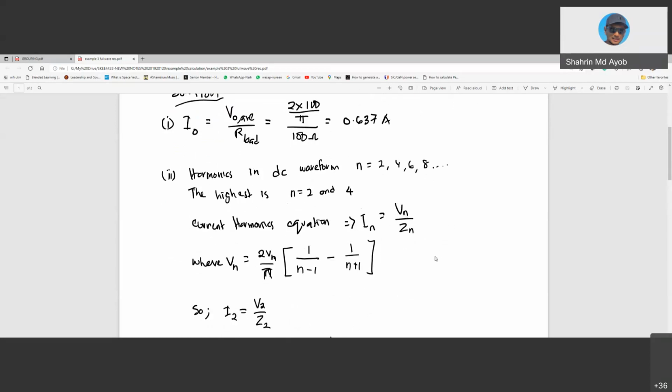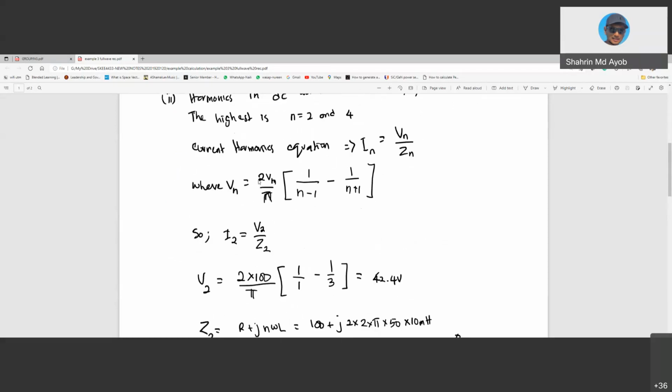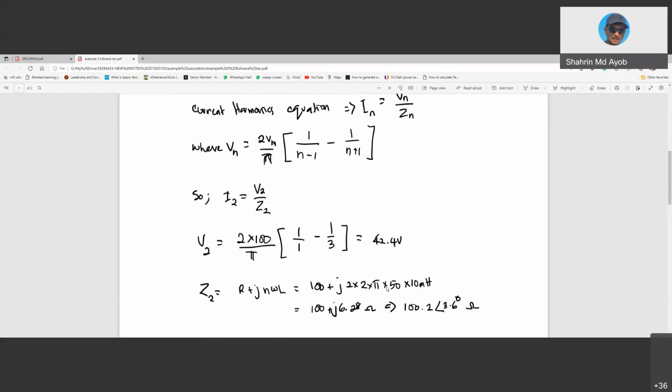The Vn you can calculate using this formula, 2Vm over pi multiplied with this term. From the calculation, the voltage harmonic number 2 is 42.4 volts.